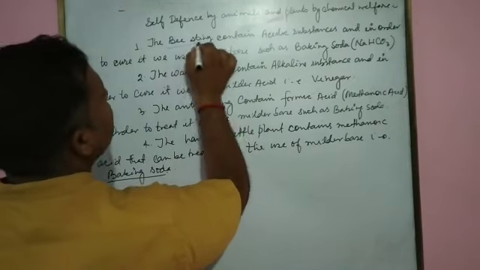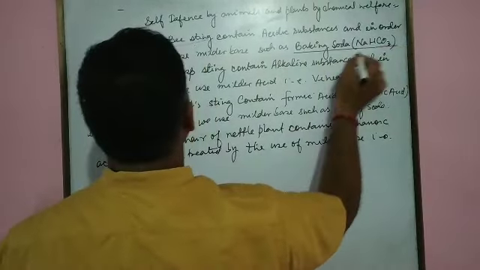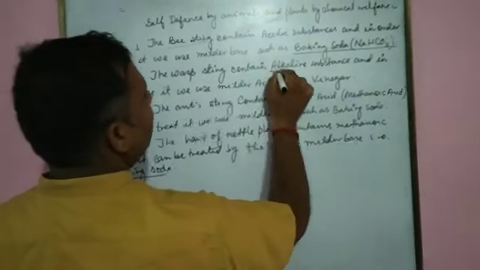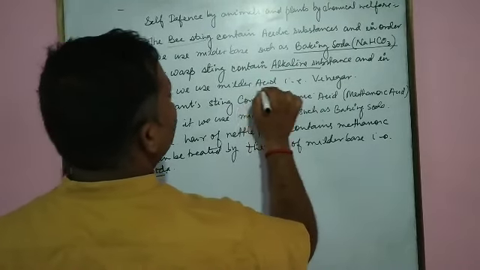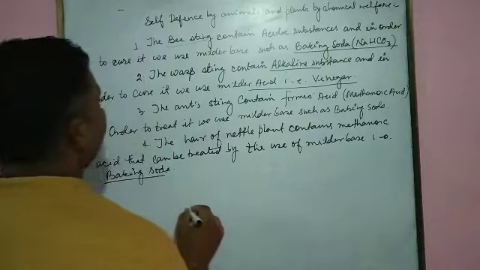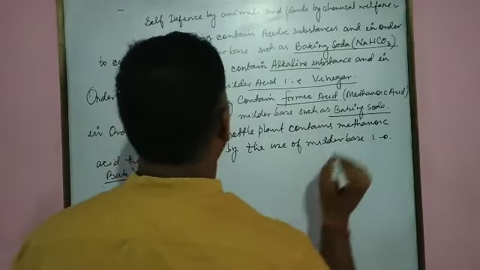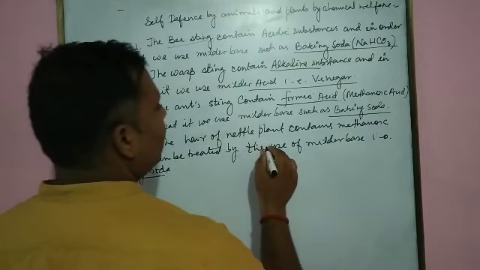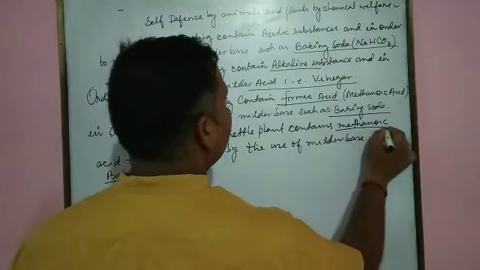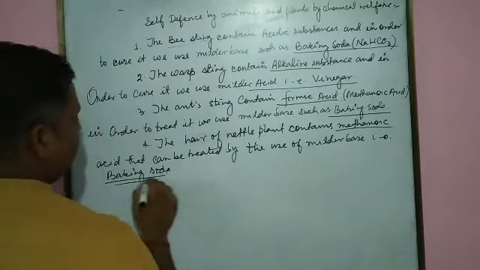What do you see? Bee sting can be cured by the use of baking soda. The wasp sting, which is alkaline, can be cured by the use of vinegar. The ant sting, it is acid, can be treated by baking soda. The hair of the nettle plant contains methanoic acid, that can be treated by the use of baking soda.